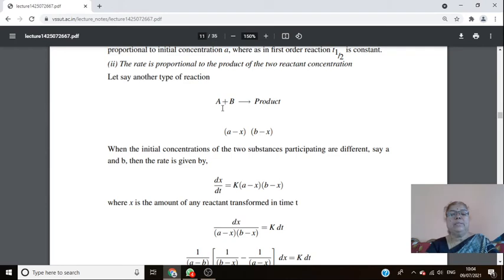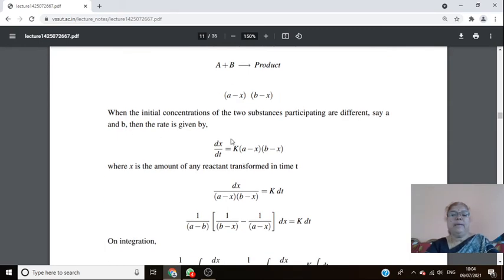Then the concentration of A and B at time t is A minus x and B minus x. When the initial concentrations of the two participating substances are different, the rate is given by dx by dt equal to k into (A minus x) into (B minus x).